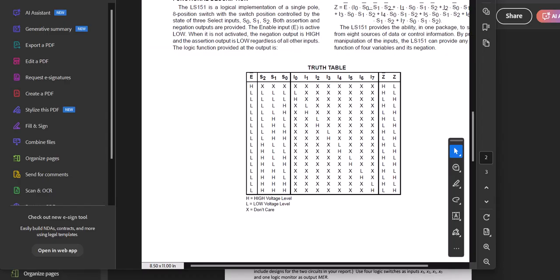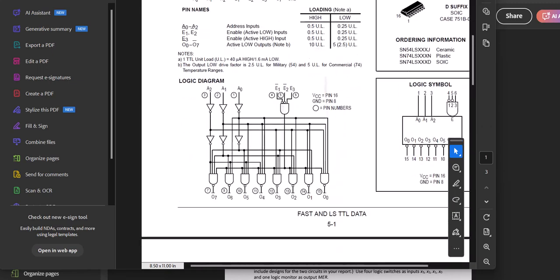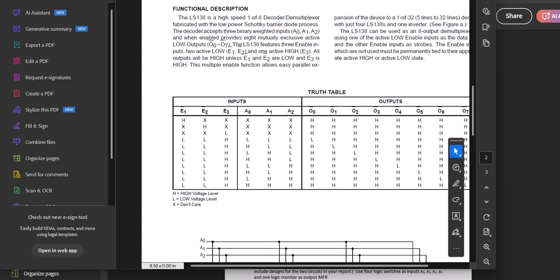And so if we look at our decoder, we see how we have our inputs.